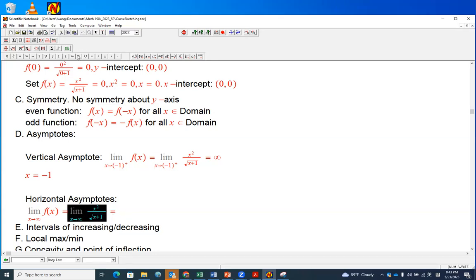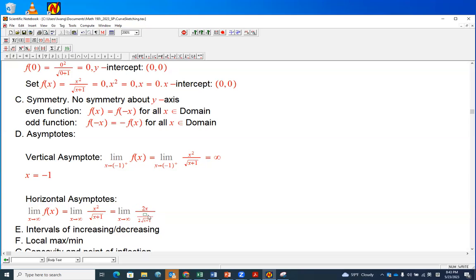We can actually apply L'Hopital's rule. The derivative of the top is 2x. The derivative of the denominator is, wait, 2 should be in the bottom. 2 times the square root of x plus 1, with 1 under the square root, using the chain rule.